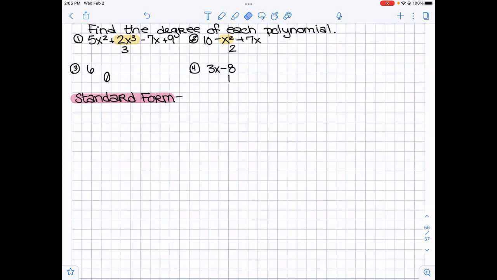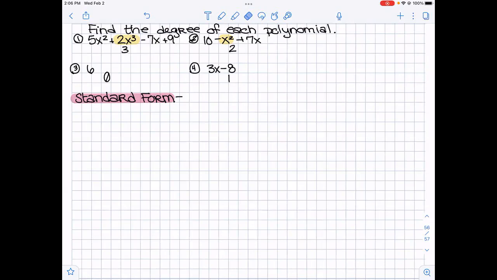They're the number in front of the variable. Good. How about constants? Number without a variable. Okay. And degree. What is the degree? The largest exponent. Okay. Degree goes with what we're going to talk about today, which is standard form.